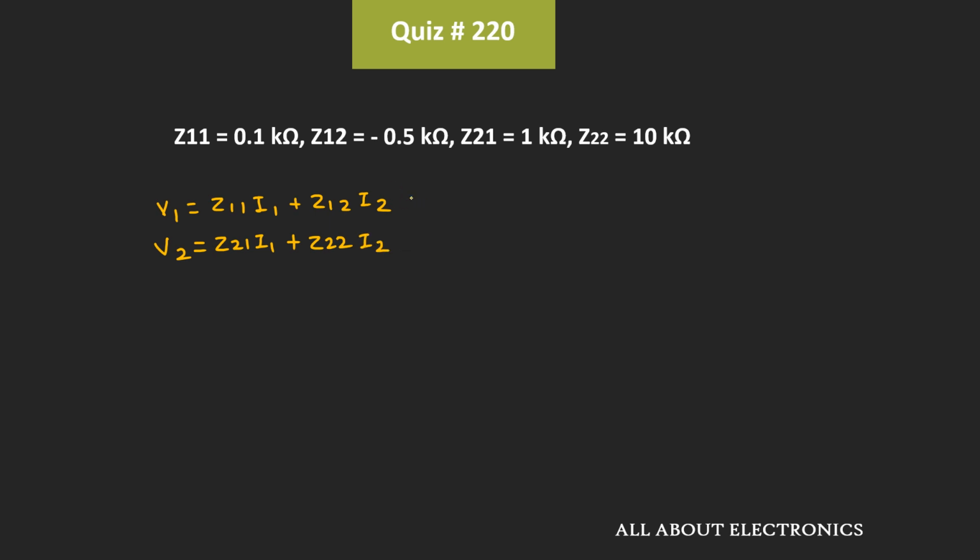So from this we can say that voltage V1 is equal to 100 times I1 minus 500 times I2. Similarly, the voltage V2 can be given as 1000 times I1 plus 10 to the power 4 times I2. So these are the expressions of voltage V1 and V2 in terms of I1 and I2.